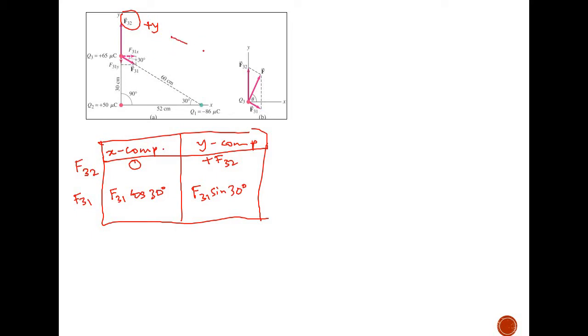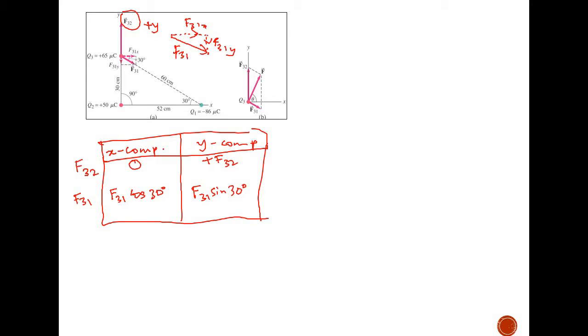For F31, let's say F31 is like this. You need to resolve it into two components, X component and Y component, F31X and F31Y. You can see that F31X is going to the right and F31Y is going downward.